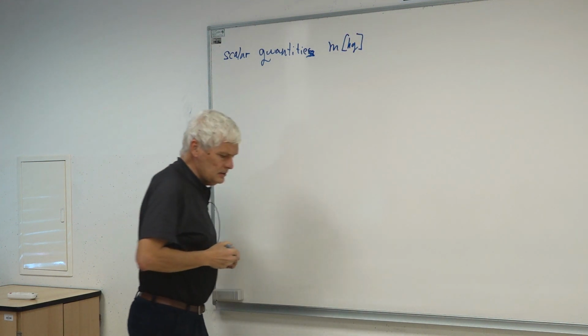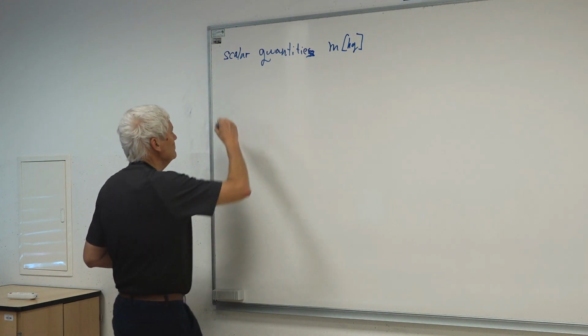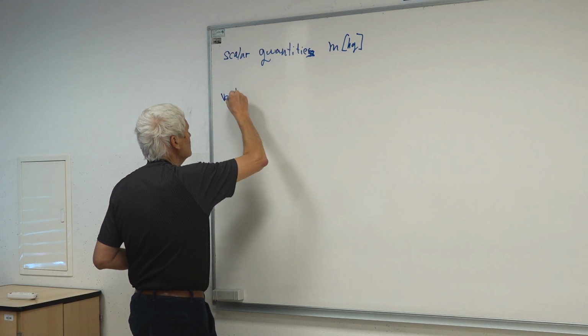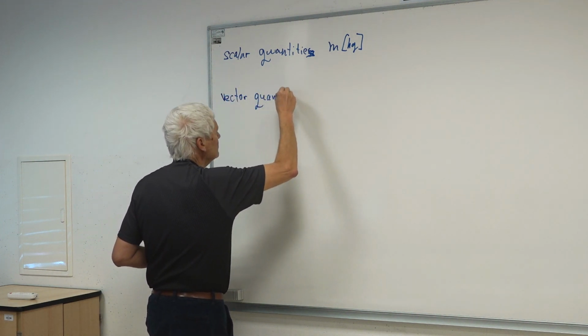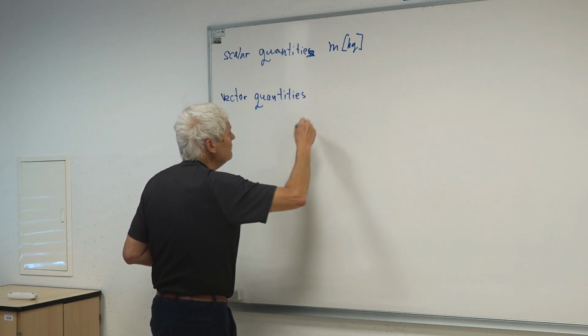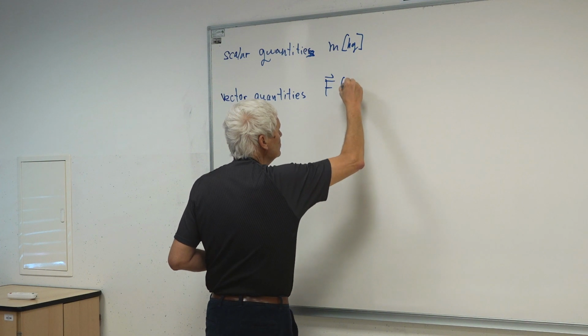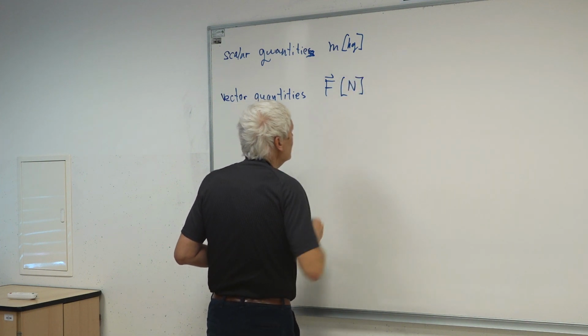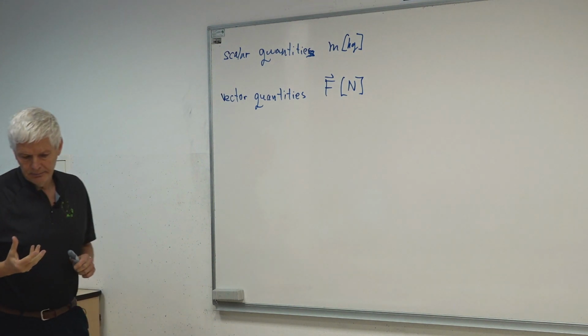A mass does not have any direction. And we have vector quantities in physics. Vector quantity is like a force that is given in units of Newton. It has both a magnitude and a direction.